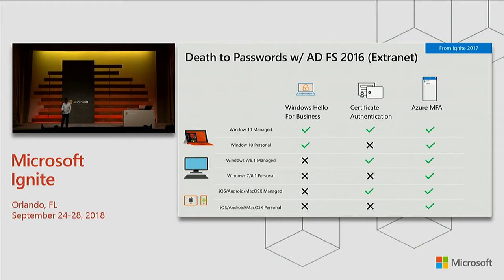Now, in ADFS, just to recap the options, we support Hello for Business, so that you can log into extranet from just using your Windows domain-joined machine, using your Hello for Business credentials seamlessly. Second, we have support for certificate authentication, so that especially on managed mobile devices, there are ways in which you can sign in more securely without passwords, with a certificate.